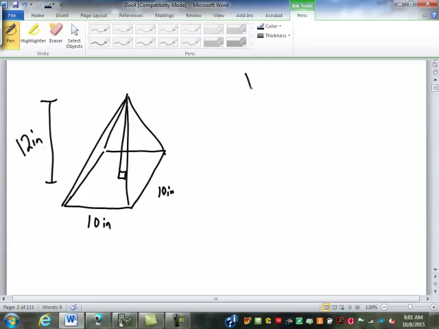Now we've defined volume to be the area of a base times a height or a distance between bases. Well, this only has one base.